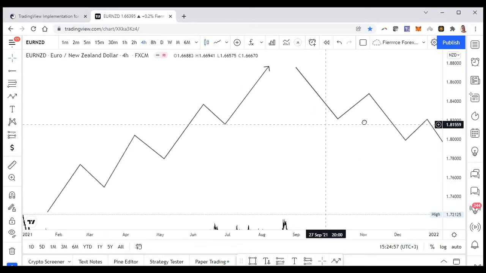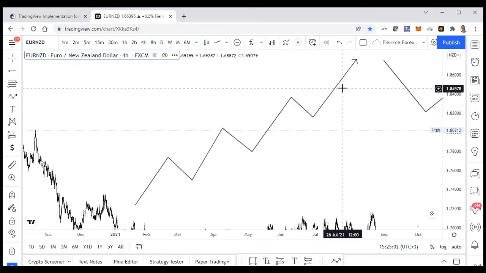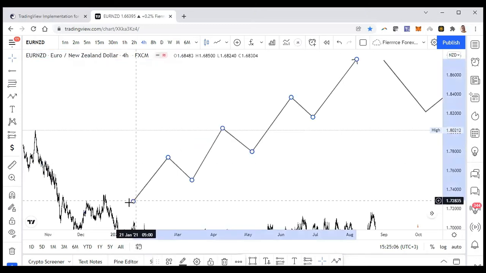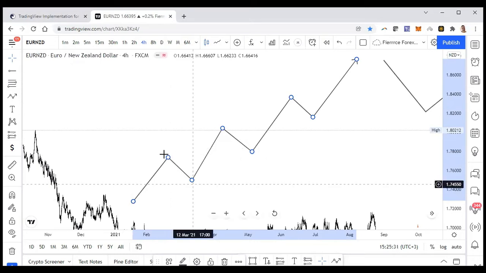Now, why is this an uptrend? Let's focus on the uptrend for a minute. This is an uptrend because when price began to push up from this level here, let's say the 1.72798 level, where the price is right now, it pushed up and found a certain level where it rested for a time, or there was a struggle going past this level, and as a result it began to push back and retest.